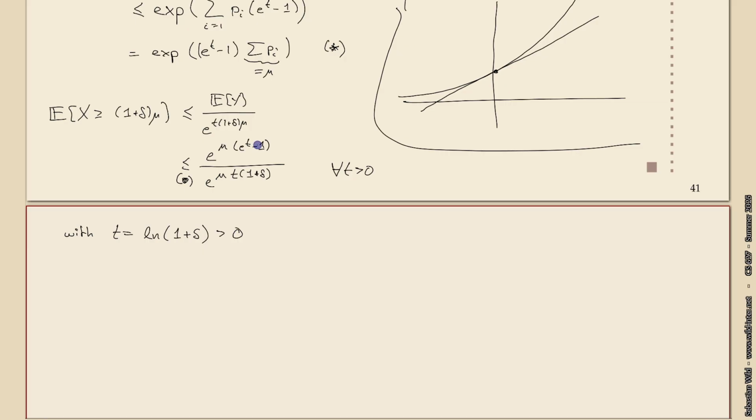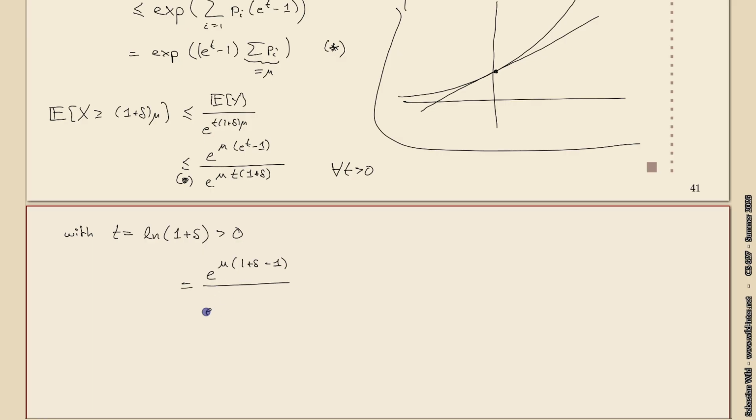So you plug in here and continue the equation. Then it's e to the mu. E to the t turns into this log, which turns into the 1 plus delta, and we have the minus 1.